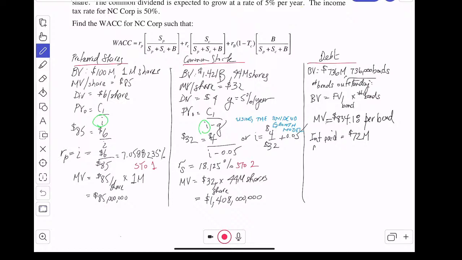What's the coupon rate? A coupon is found by taking the rate times the face value, right? This is the coupon paid.